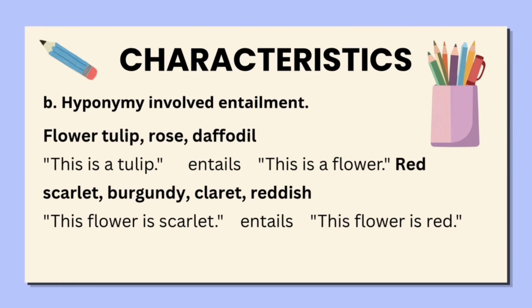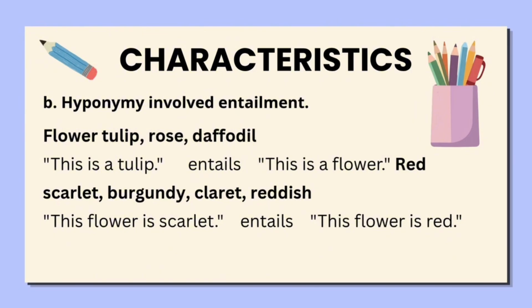The slide also gives another example about colors. The general category is red, and words like scarlet, burgundy, and claret are more specific shades of red. So if someone says, "This flower is scarlet," we immediately understand that the flower is red as well.